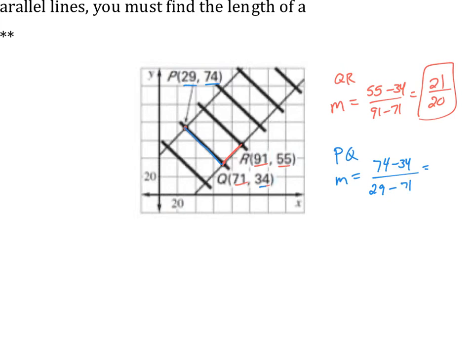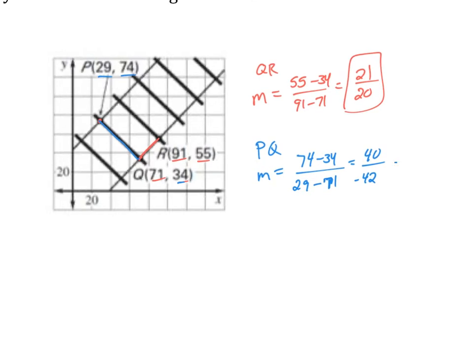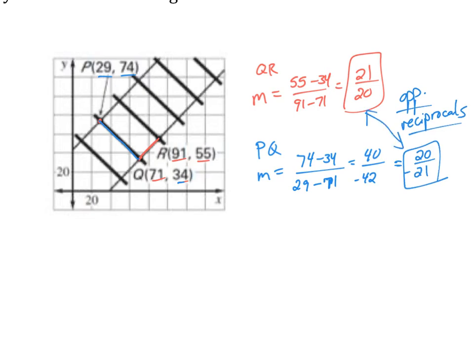So 74 minus 34 is 40. 29 minus 71 is negative 42. And if you reduce this, divide them both by 2, you would get 20 over negative 21. These are opposite reciprocals. So opposite reciprocals mean that these two lines are perpendicular.